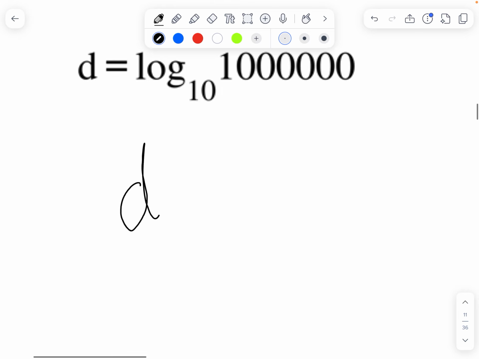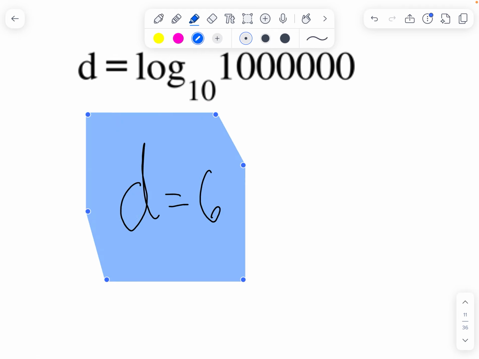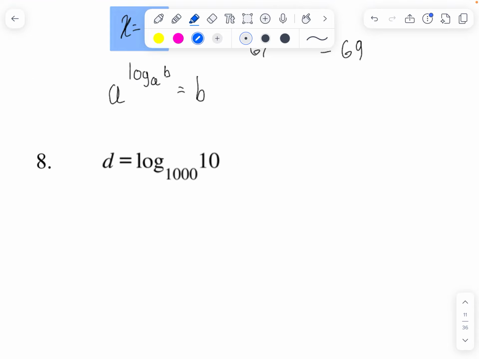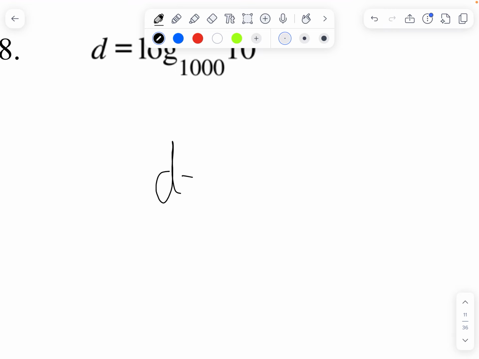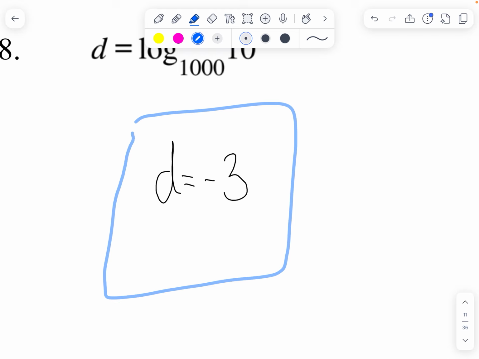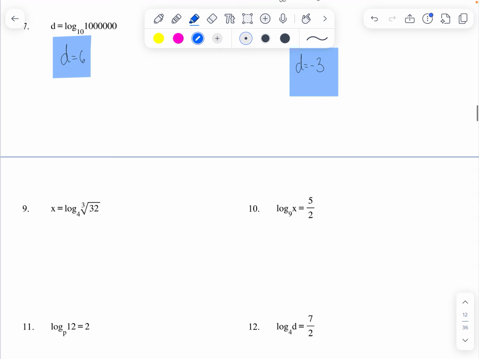So D equals 6. And then for this one, since the base has more and it's by 3, this just equals D to the power of negative 3, or D equals 3. On to the next question.